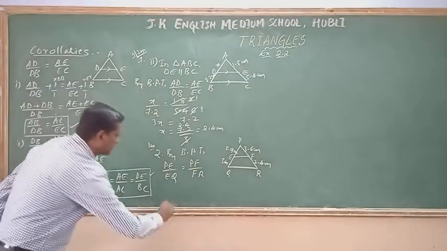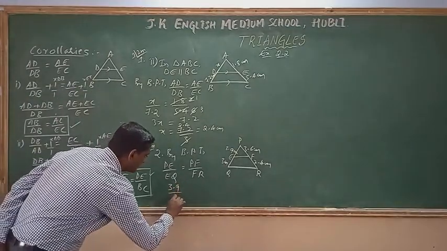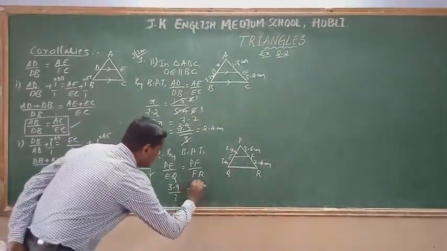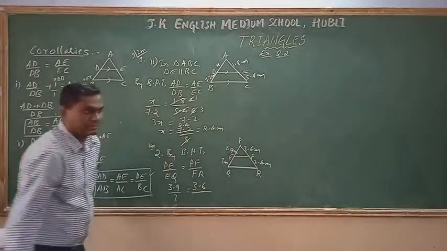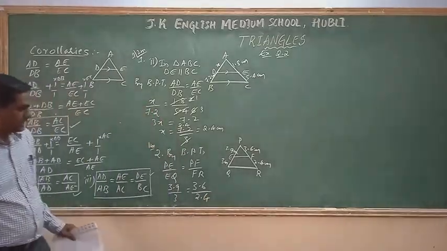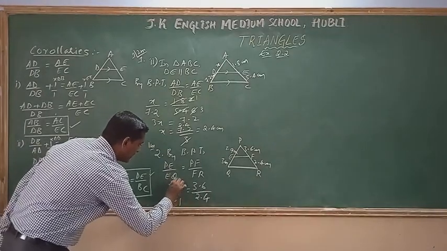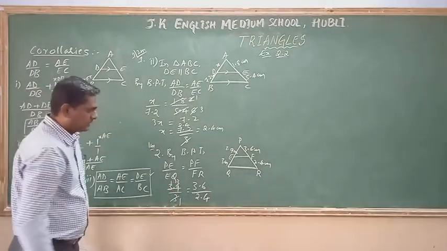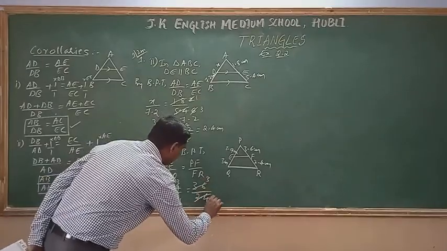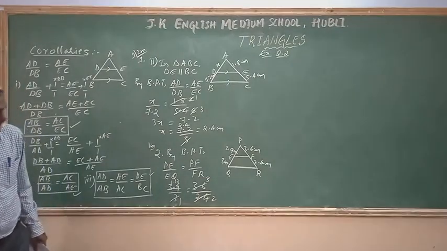The value of PE is 3.9 centimeters and EQ is 3 centimeters, and the value of PF is 3.6 centimeters and FR is 2.4 centimeters. Let us cancel it. So you can clearly see here the ratios are not equal.